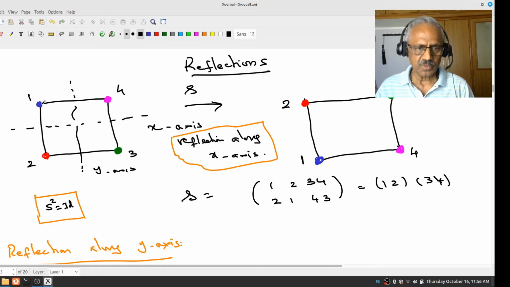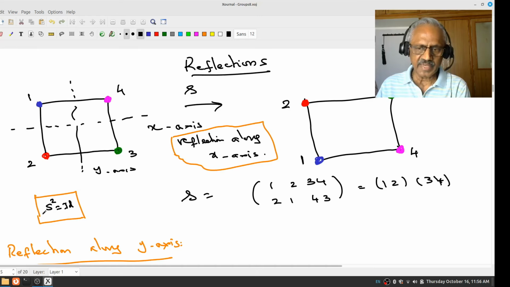When I reflect, 1 goes to 2 and 4 goes to 3, and 2 goes to 1, 3 goes to 4. You see that? If I write it as a permutation, this is a product of two transpositions: 1 2 and 3 4.